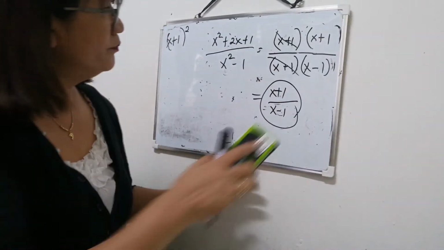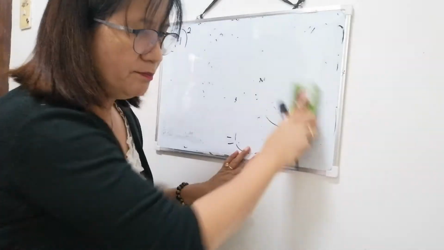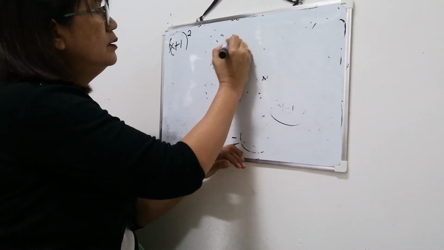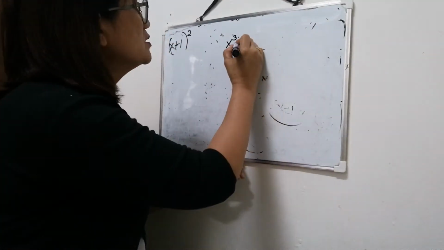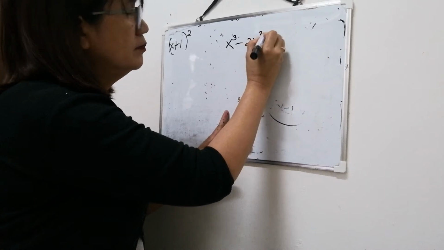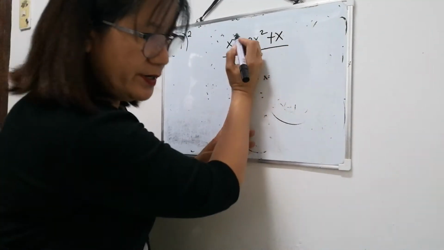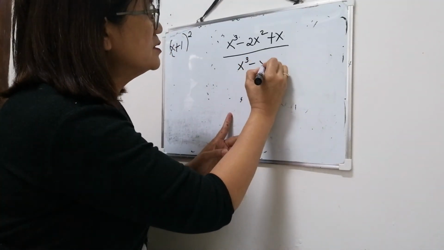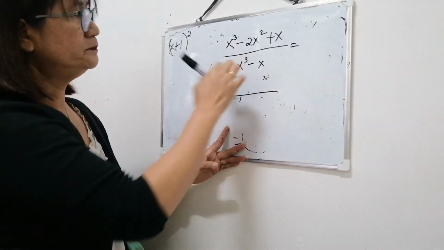So, illustrate natin yung solution dito sa blackboard. What is the simplified form of x cubed minus 2x squared plus x all over x cubed minus x equals? Okay, dito tayo maglagay ng equals.